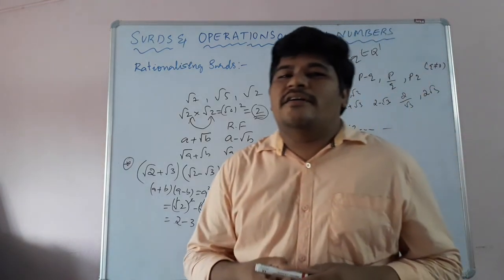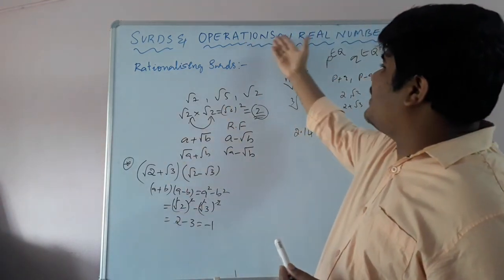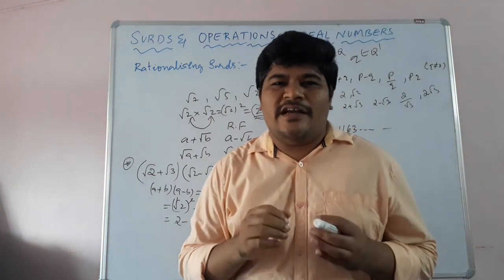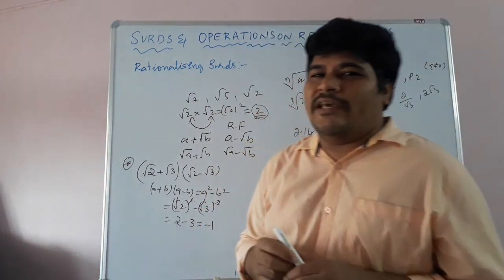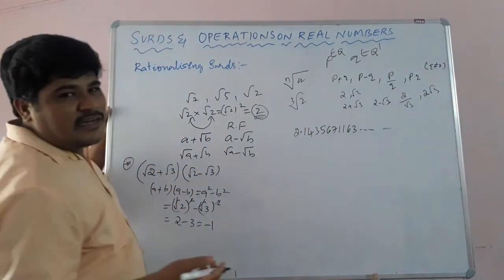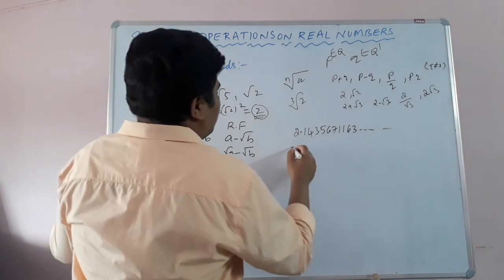To do operations on real numbers, children, we will use laws of exponents and some algebraic formulae, which we already discussed in earlier classes. So we know the laws of exponents.